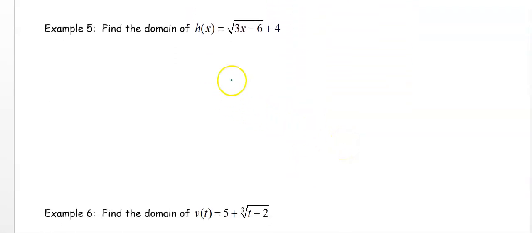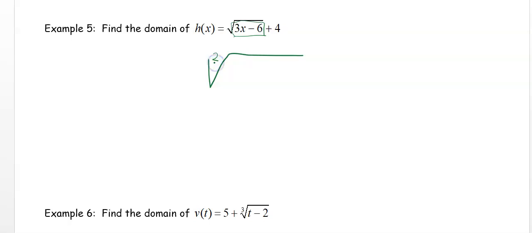Now, example 5. We have h of x equals the square root of 3x minus 6, and only the 3x minus 6 is in the radical. That's worth looking at. We do not write the 2 when it's a square root. That's the most common radical we use, so it's implied that there's a 2 there.